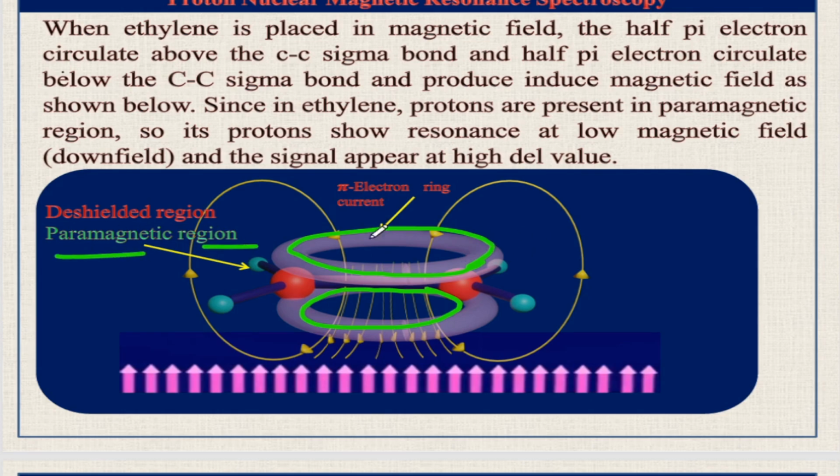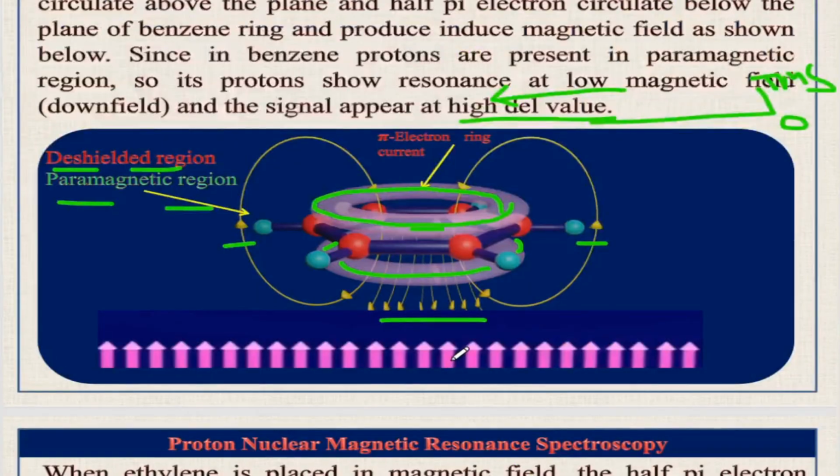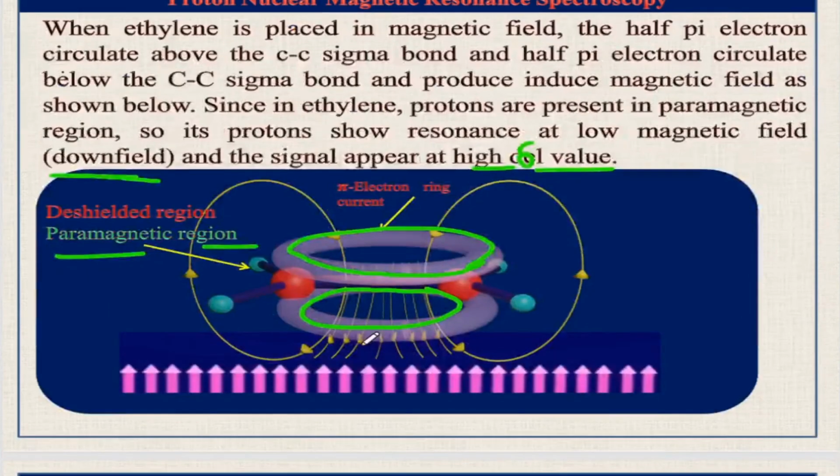So for ethylene protons, the resonance occurs at low magnetic field, downfield, and the signal appears at high del value. In benzene the signal appears at high del value, and in ethylene the signal also appears at high del value.